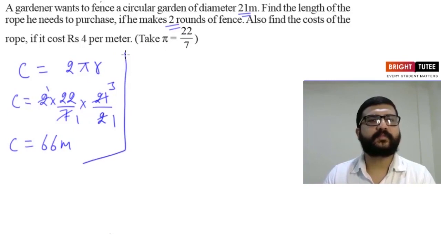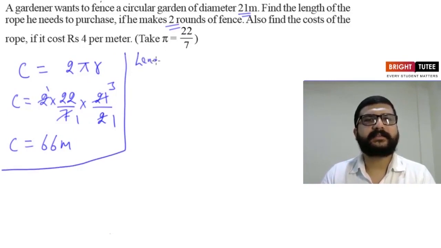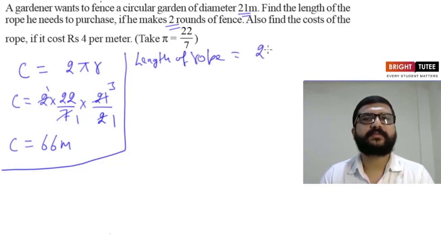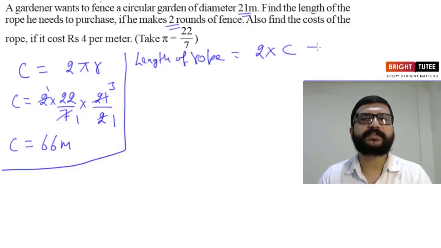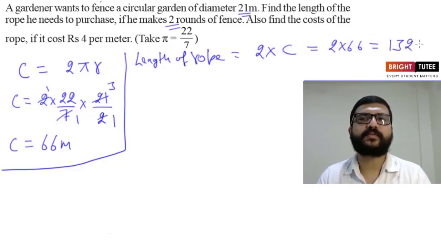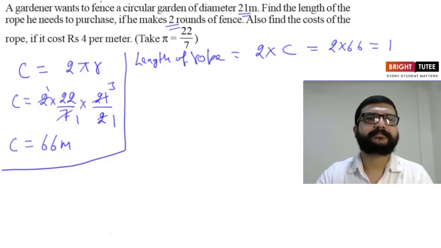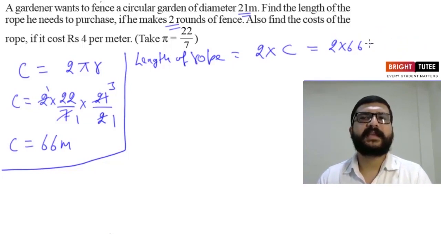So length of the rope is equal to 2 into c, that is 2 into circumference, and this will be equal to 2 into 66, and that will be equal to 132 meters. So length of the rope required is 132 meters. So he has to purchase 132 meters of rope.